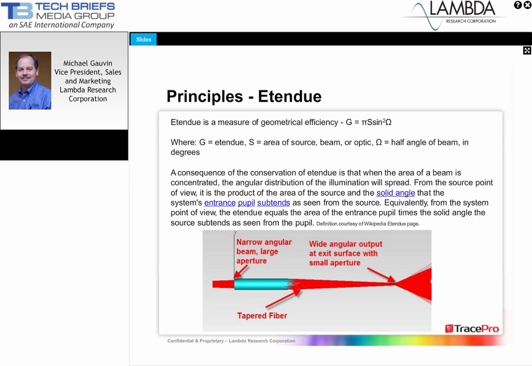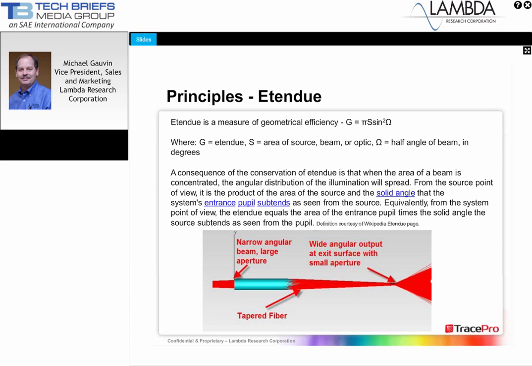One more principle I'd like to go over is étendue. And étendue is a measure of geometrical efficiency. So if we call étendue G, it's simply pi times the area of the source, or the beam, times the sine squared of the half angle of the beam. So if we look at the example down here, I've created a tapered fiber.